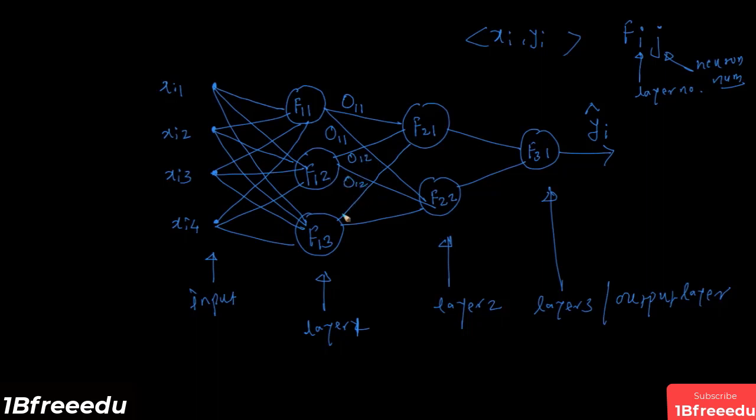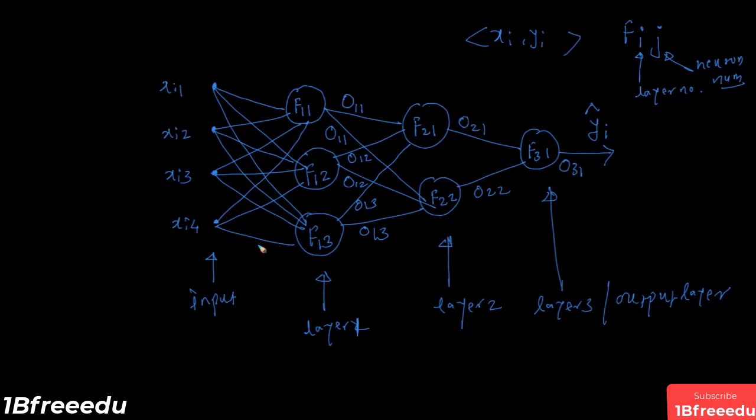Now this line is the output of neuron 1 3. This line is the output of neuron 2 1. This line is the output of neuron 2 2, and this line is the output of neuron 3 1, which is similar to yi hat. Okay. Now we have weights here.